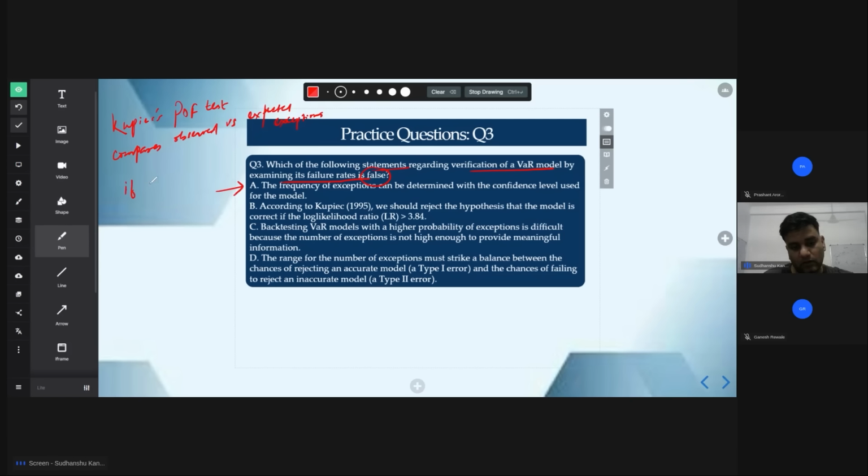And if your likelihood ratio LR is greater than 3.84 at your 5% significance level, we reject the null, right?